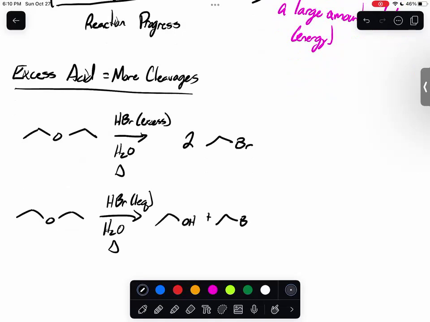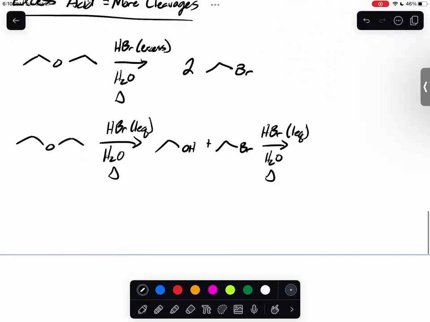But then another equivalent of HBr is going to then do the same exact thing, right? Where essentially we have the alcohol and then we have our H3O plus, because remember this is made very quickly upon entering the solution. We'll protonate that alcohol to make it the OH2 plus.